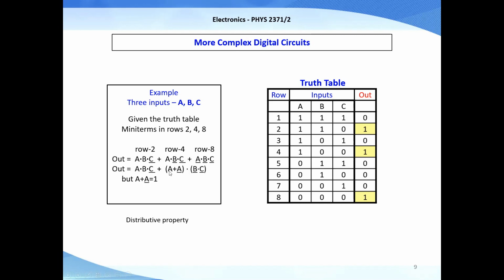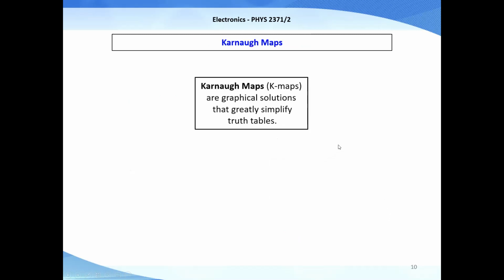And A plus A bar says that you can have either a 1 or a 0, so that's always a 1. Then you can get rid of one of the inputs on that term. And I showed the first minute or so of simplifying an equation.